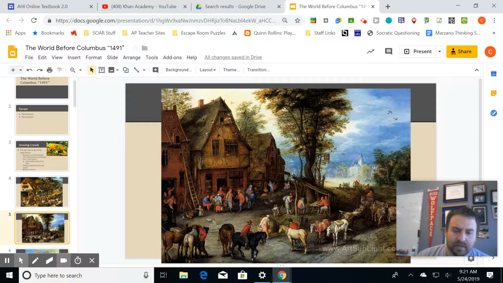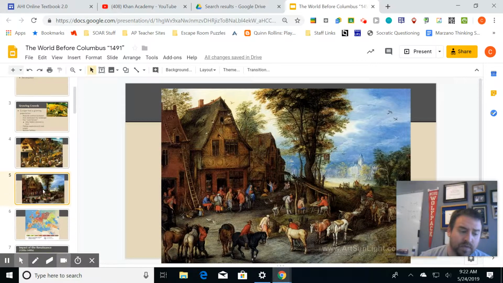Another thing, this is a more realistic version of what that northern European town would look like. But still, you have a lot of people in a close area. You have a lot of animals, and that's going to be key. We'll get back to that later, but a lot of animals in very close proximity, a very close relationship between the people and the animals.